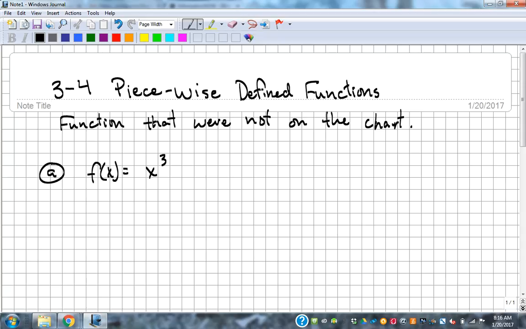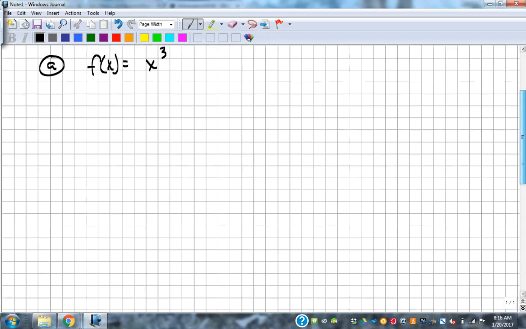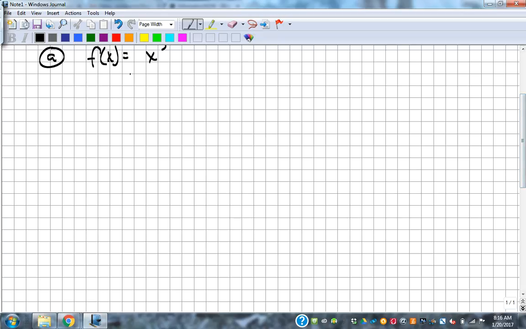So, just glancing at that particular function, there's the equation. And if I graph that, I'll show you what it looks like. You could graph it with a calculator, get an idea. I'm just going to sketch it because I already know.